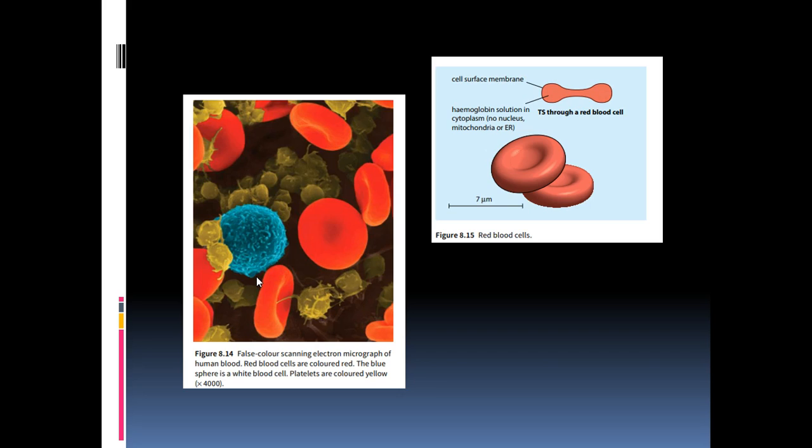In terms of structure, red blood cells are shaped like a biconcave disc. This is to increase the surface area in relation to its volume, and having this increases the efficiency of oxygen to diffuse into the RBC.